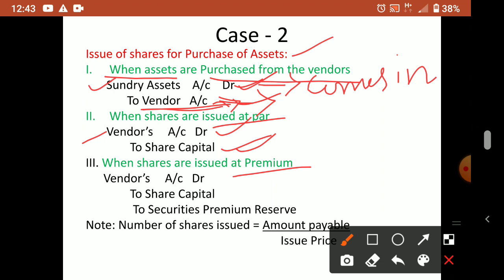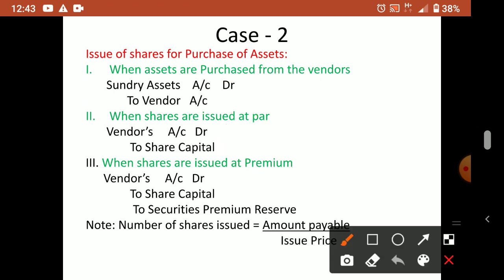So this is when it is issued at par. If shares are issued at a premium, we studied both cases, shares can be issued at par or at a premium. So if it is issued at a premium, then the same entry, vendor's account debited to share capital. Only you have to add what? Securities premium reserve account. So here the premium amount and share capital amount we have to separate and write.